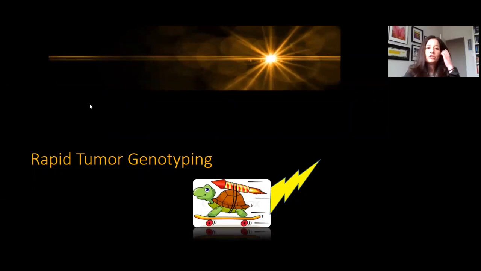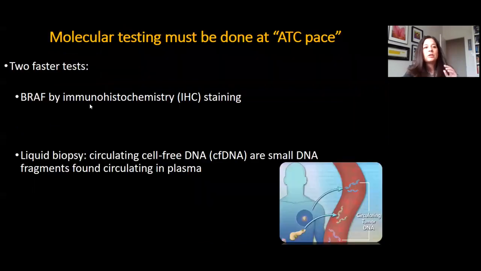Okay, so genotyping. This is basically mutation testing, but we wanted to figure out how to go really fast. So we have 2 tests, and this is important if you've been newly diagnosed with anaplastic thyroid cancer or you've never had your tumor tested. The first test is BRAF by immunohistochemistry. Essentially, it's just taking an unstained slide and staining it for BRAF to see if the patient has this mutation or not.